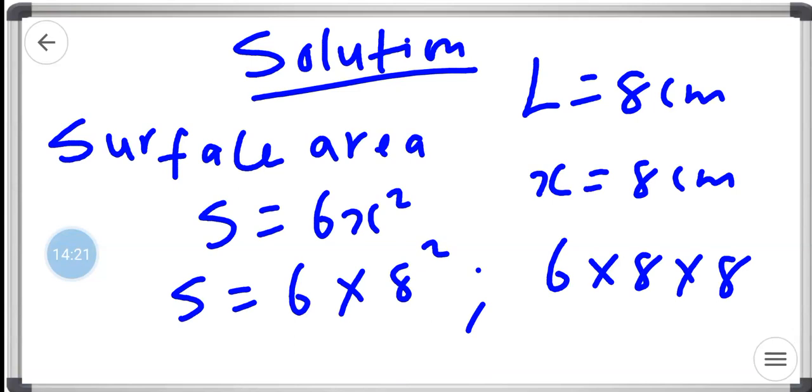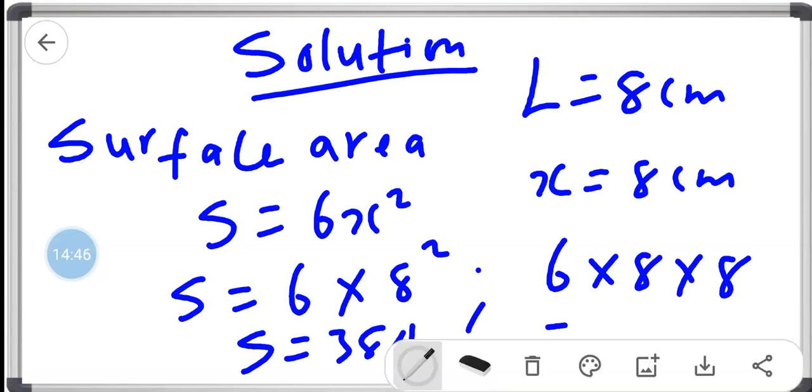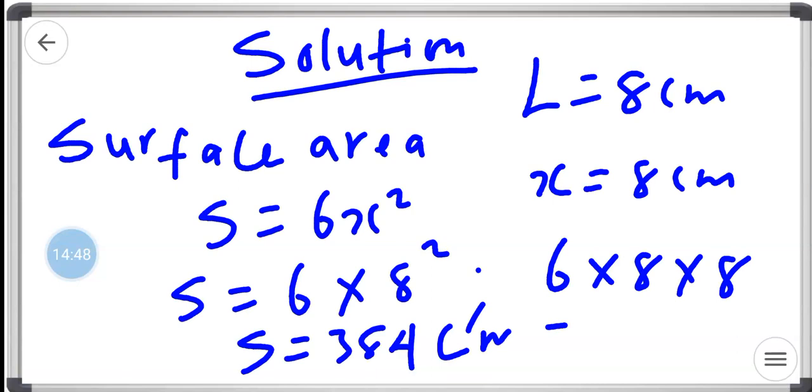Multiplying that gives me 384. So S equals 384 centimeter square. That's the first question, surface area.